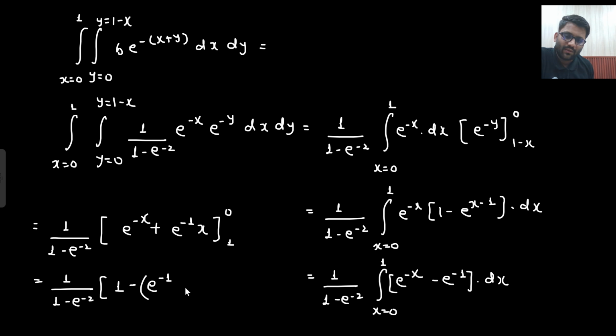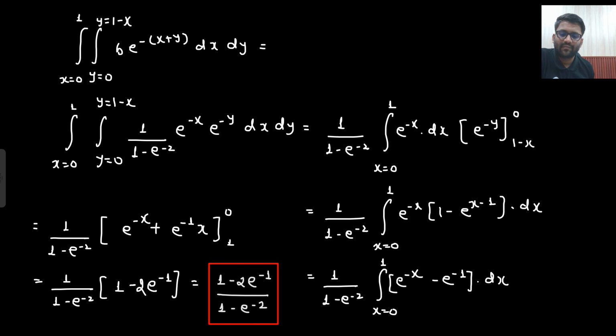Here you will put, here also you will put. So this would become 2 e to the power minus 1. So the answer you are getting is 1 minus 2 e to the power minus 1 divided by 1 minus e to the power minus 2. This is the final answer that we are getting.